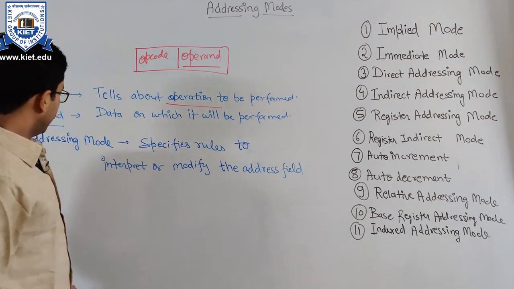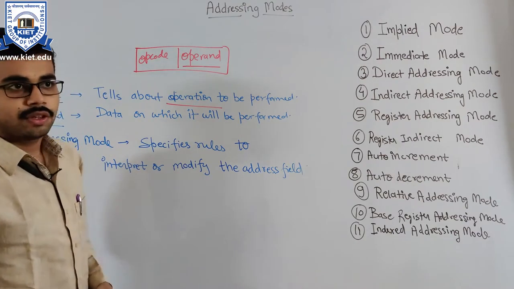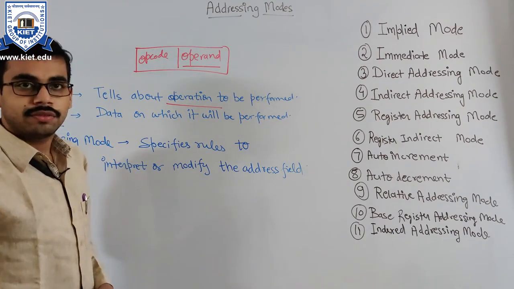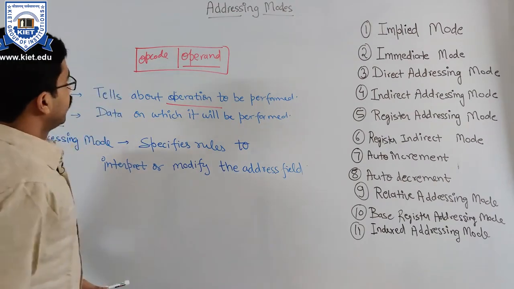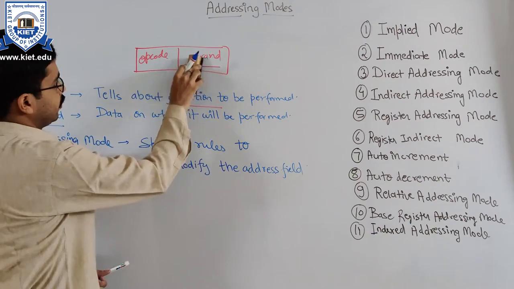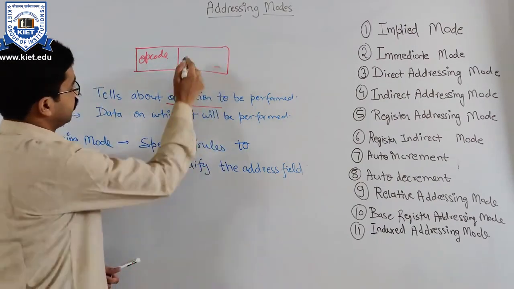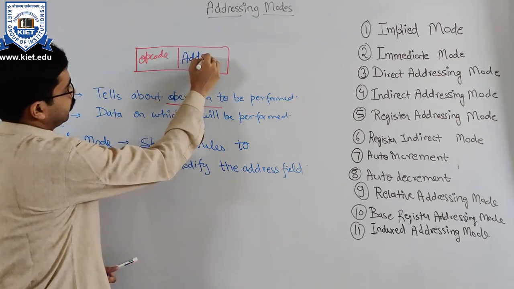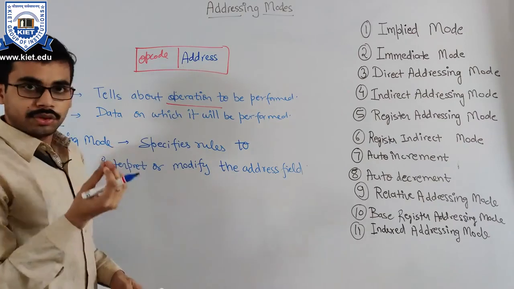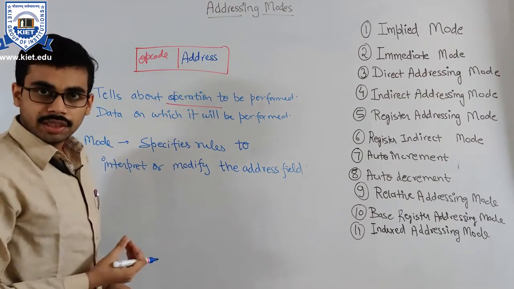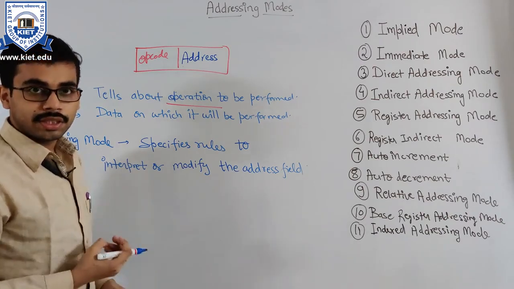If we talk about the general instruction format, what the computer fetches as an instruction, there are two fields basically. There is an operation field which has the opcode, and second is the address field. In this address field, we can put some address, some data, or any other information based upon the addressing mode we are using.